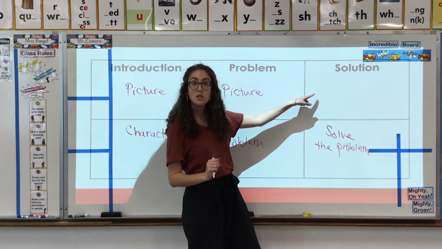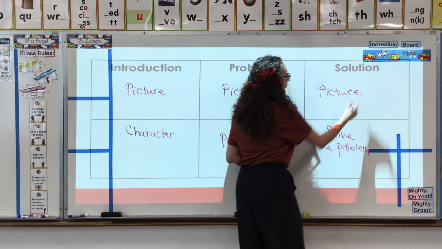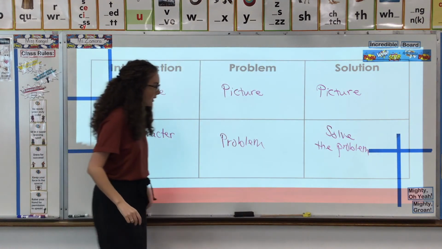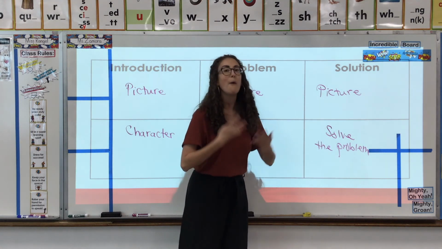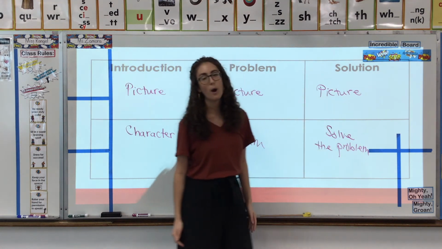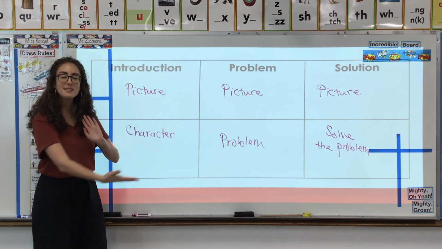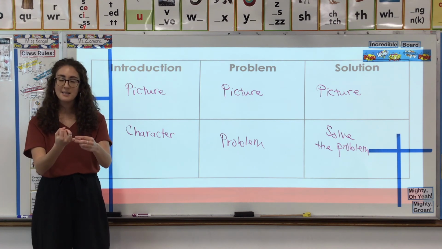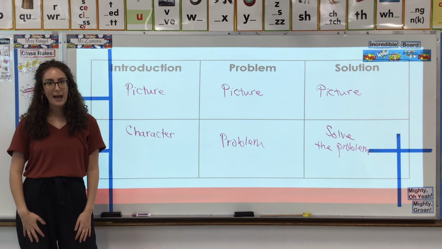And of course, just like every other section, I want to see a lovely picture of your solution as well. Show that happy ending. How does your character feel now? What are they doing once the problem got solved? So you're going to have 3 parts that you need to write down in words your ideas, and then draw a picture of that awesome idea that you had.